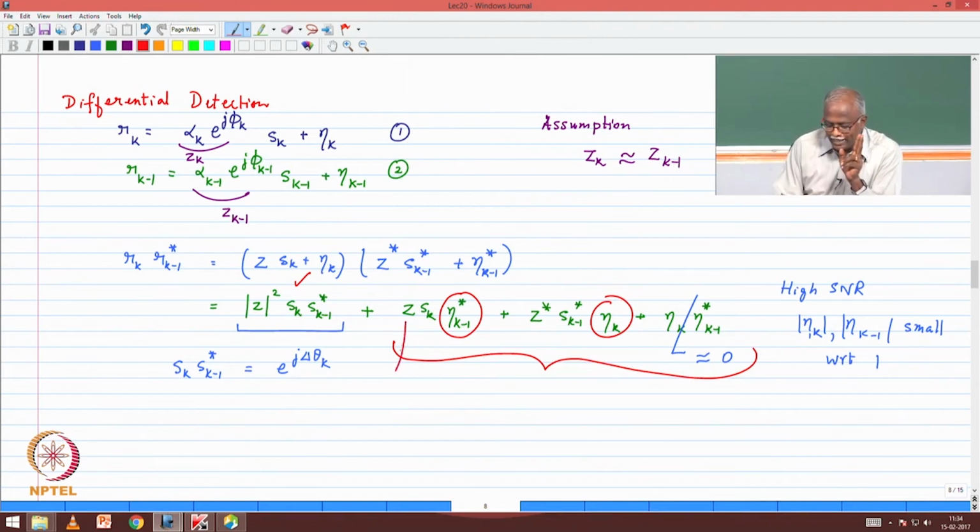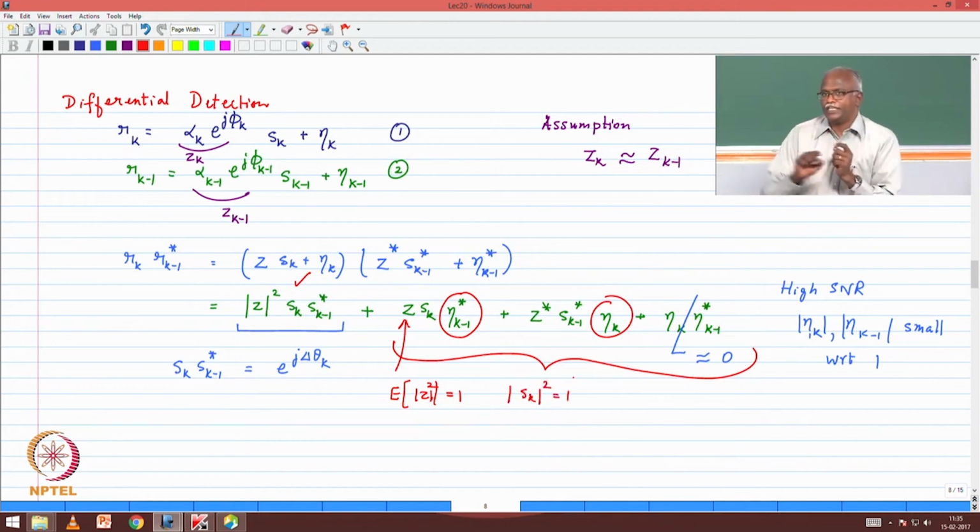One of them is a random parameter z, but we know that expected value of mod z squared is equal to 1. Basically you're looking at the scenario where the Rayleigh fading is normalized with respect to the RMS value. And of course, magnitude Sk squared is equal to 1 because it's a phase modulation scheme.